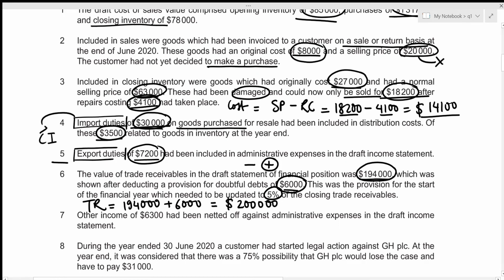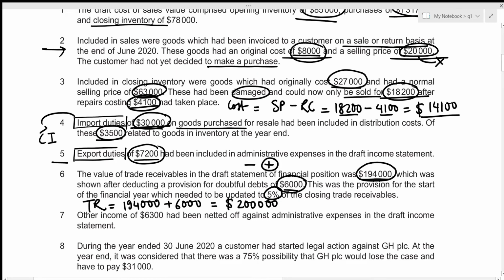But now, since we cannot include it in sales, we cannot include that value of 20,000 in our trade receivables as well. We were given that in our second information right here. These goods had an original cost of 8,000 and a selling price of 20,000. And since this was a sale made on a sale or return basis, we did not receive cash. So this was turned into our credit sales, and credit sales are definitely included in our trade receivables.